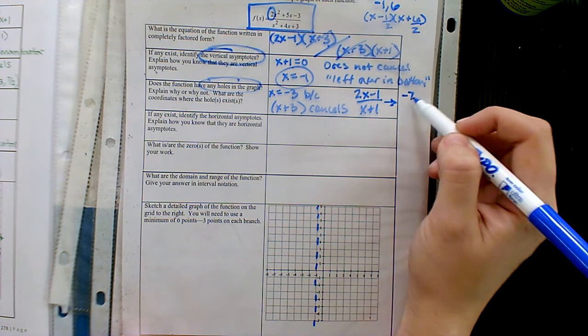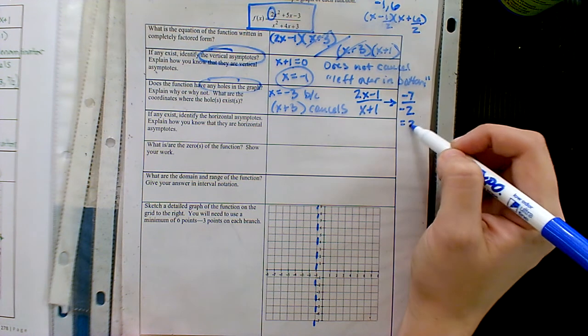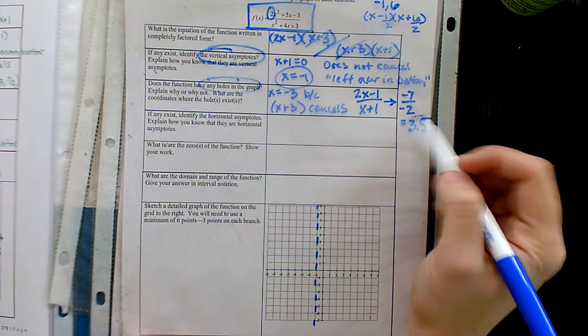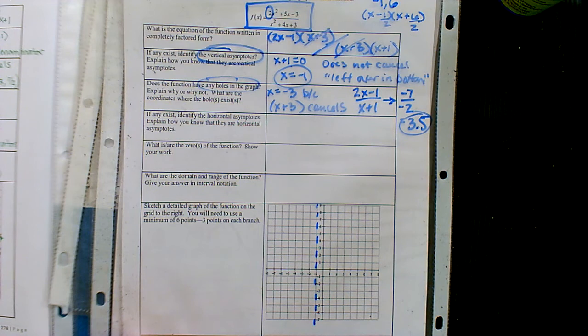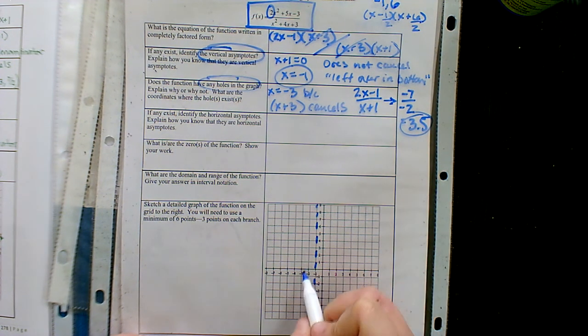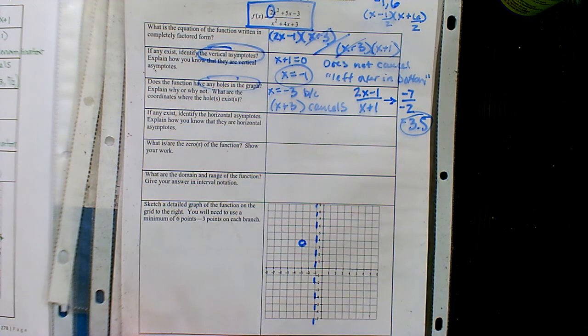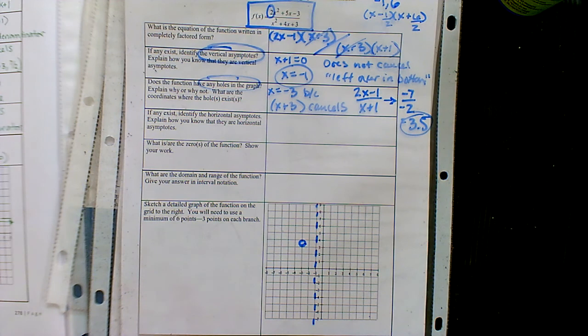We'd have -7 over -2, which would be 3.5. Okay, so at the spot of -3 on the x-axis, we'll go up to 3.5 and put an open circle. Looks good.